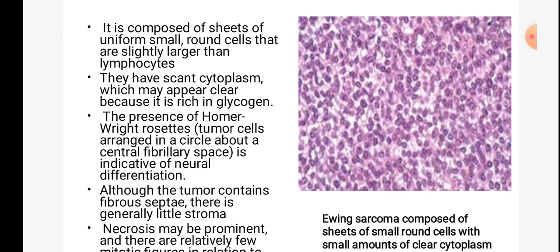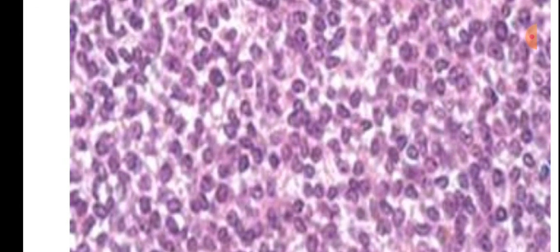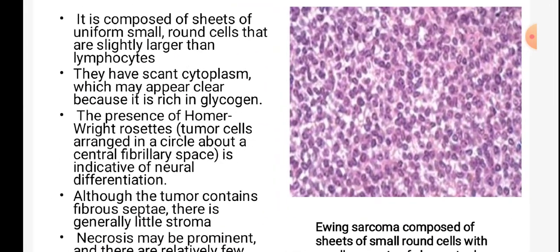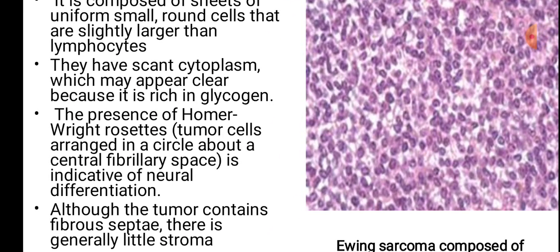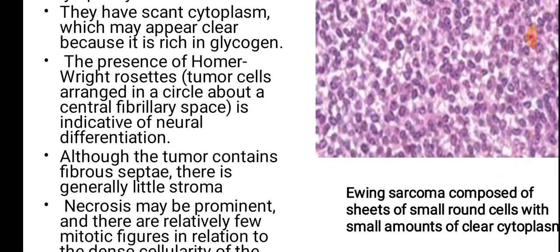Basically, it is composed of sheets of uniform small round cells that are slightly larger than lymphocytes. See here, small round cells, just looking like lymphoid sheets of cells, with scant cytoplasm which may appear clear because it is rich in glycogen. The presence of Homer Wright rosettes is important, even a viva question.